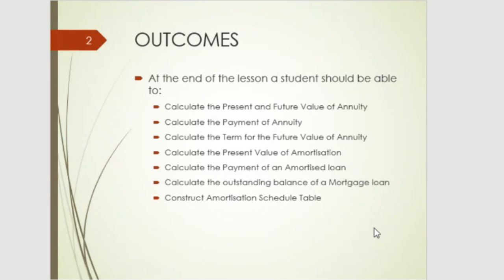In the second part, which is the one we're going to focus on, you should be in a position to calculate the present value of the amortization and the payment of an amortized loan, calculate the outstanding balance after you have paid a certain amount of the loan, and construct the amortization schedule table.